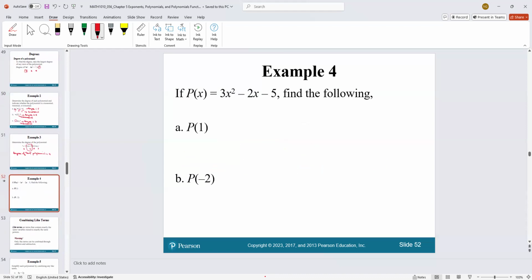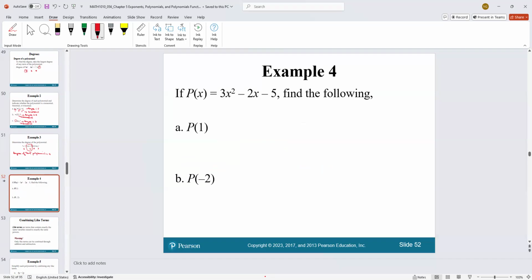So if p of x equals 3x squared minus 2x minus 5, find... oh no, no. Right here, what we're doing is really defining polynomial functions. But in order to do that, the first thing to verify is to know how to evaluate functions.